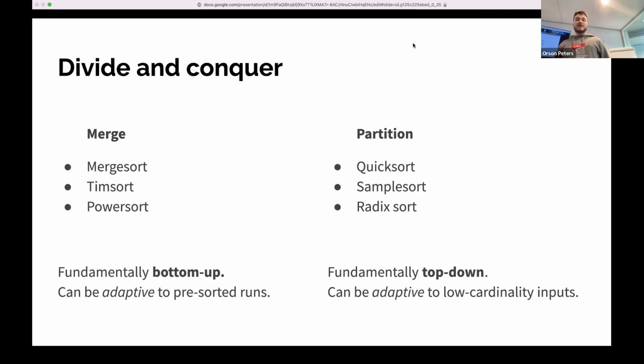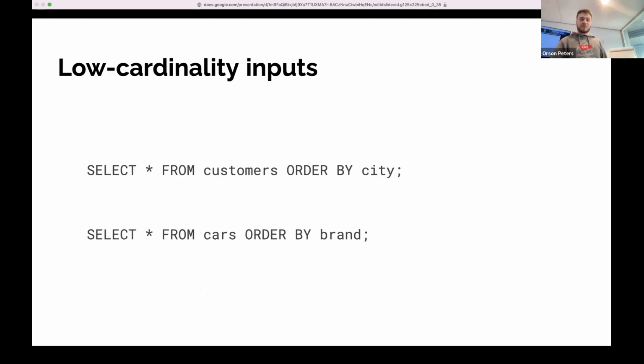And these are very good at being adaptive to pre-sorted runs because you can just take the pre-sorted runs in your input and immediately use those in your merging. The other school is partitioning, which is like quicksort or sample sort or radix sort, where you're partitioning your data into several buckets. And you can do this to be adaptive to low cardinality inputs. If you notice that your bucket is completely equal, then you don't need to recurse any further on that.